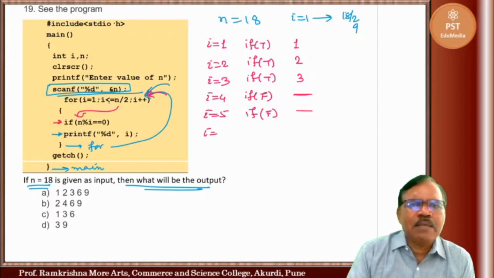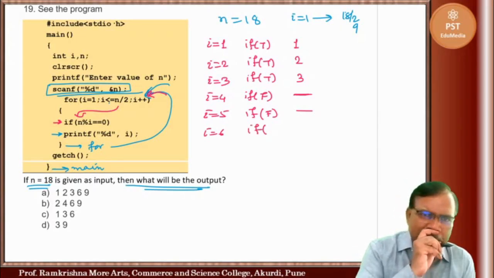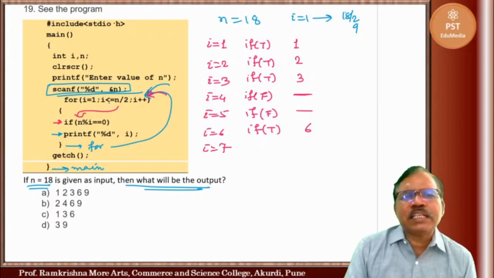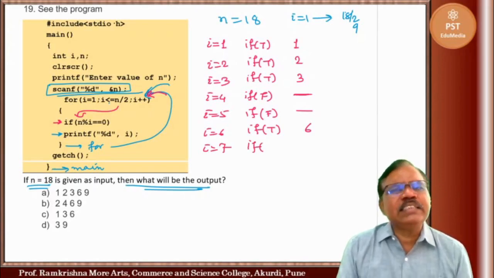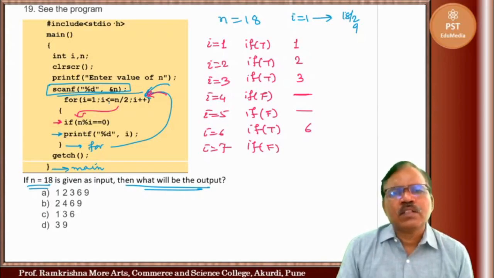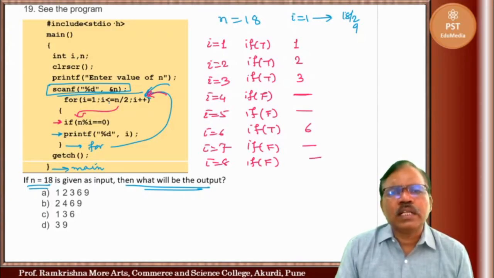Then I becomes 6. 18 % 6 is divisible, true, so 6 is printed. I becomes 7, the if condition is false, so nothing is printed. I equal to 8, 18 % 8 equal to 0, no, false, so nothing is printed.